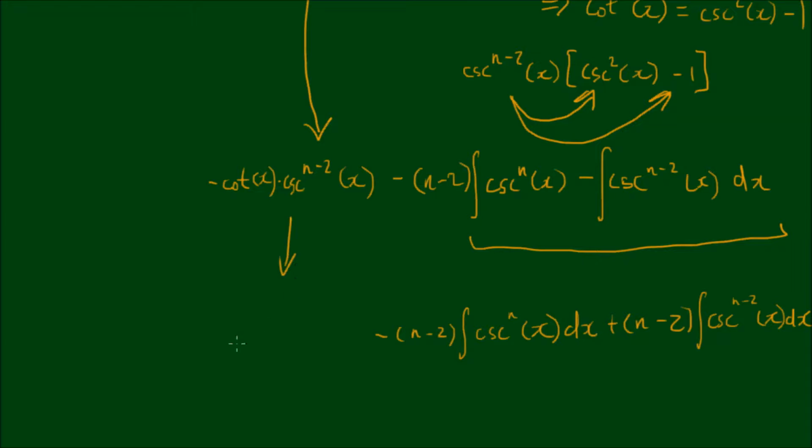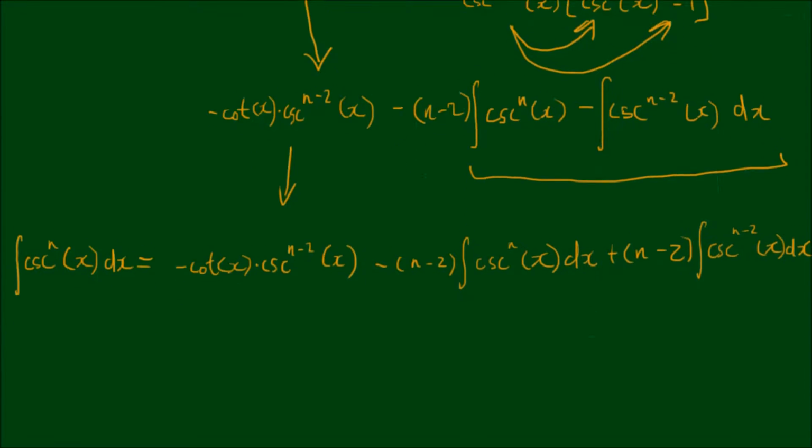Let's copy the front term down, negative cot of x by cosec to the n minus 2 power of x, and the term on the left hand side of the equation is the integral of cosec to the nth power of x dx.